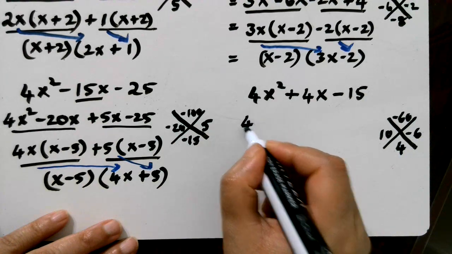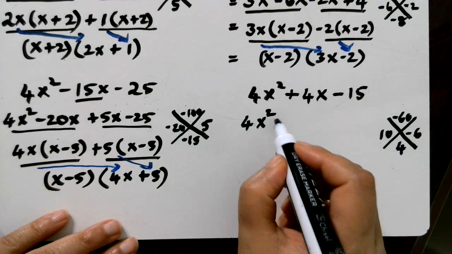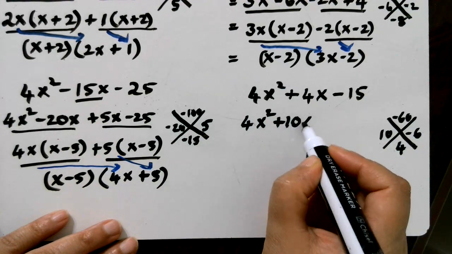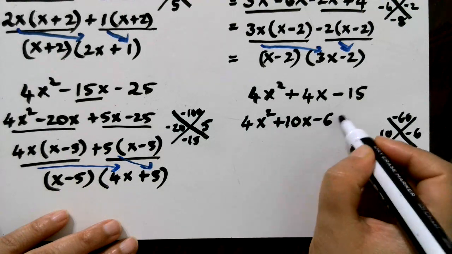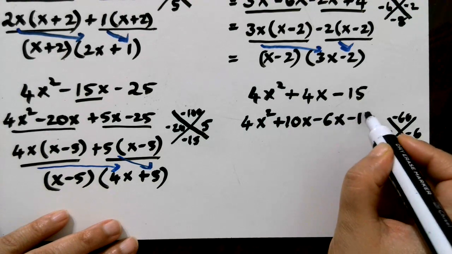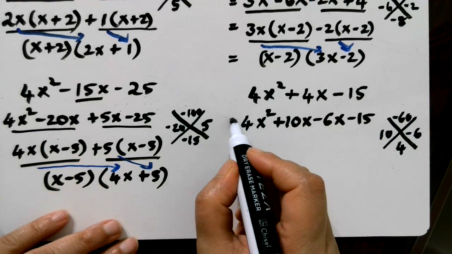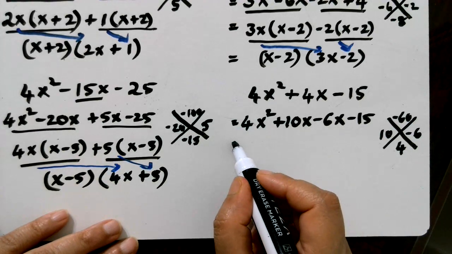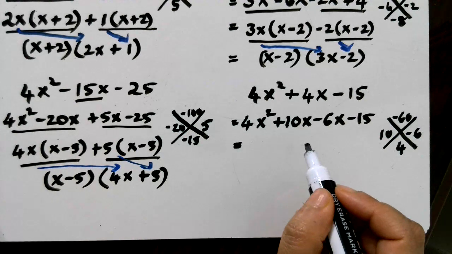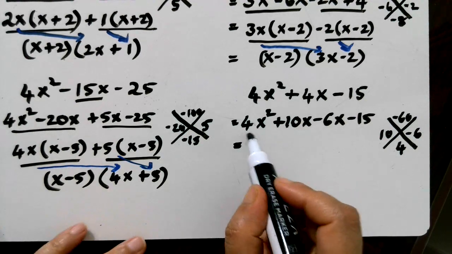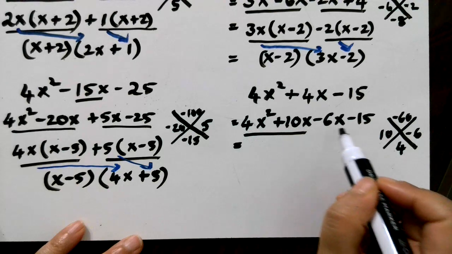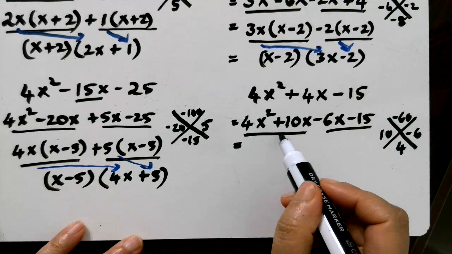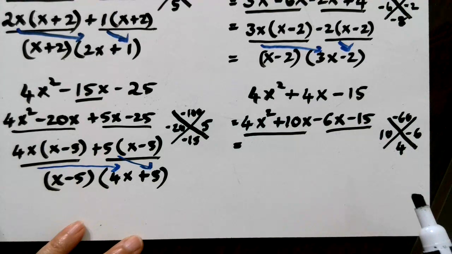So let's split the middle term: plus 10x minus 6x minus 15. By the way, this method is also called the splitting the middle term method. So we have two groups here, 4x squared plus 10x and minus 6x minus 15.